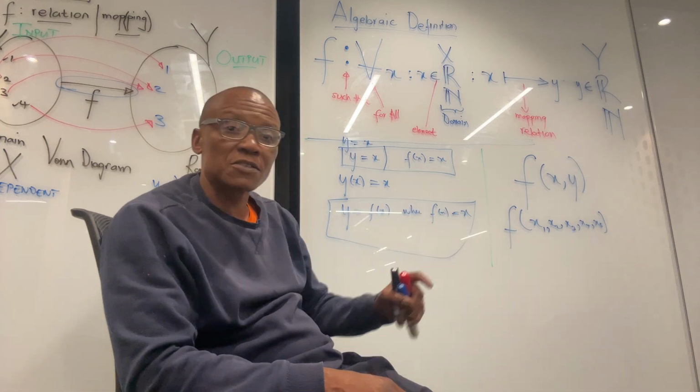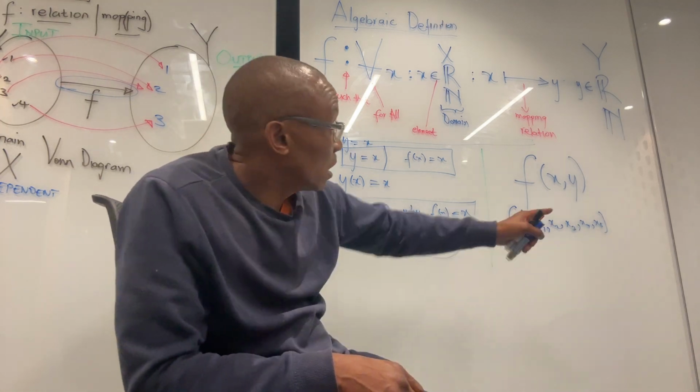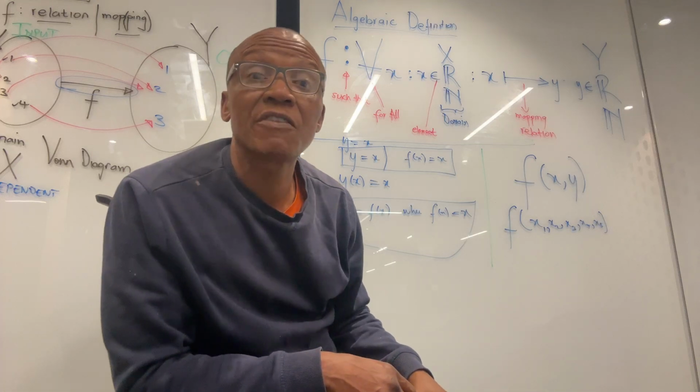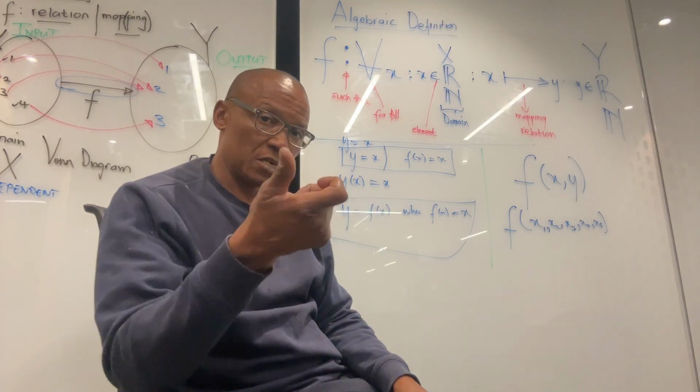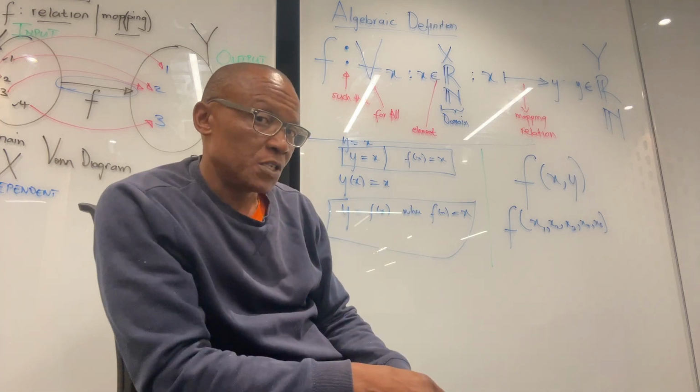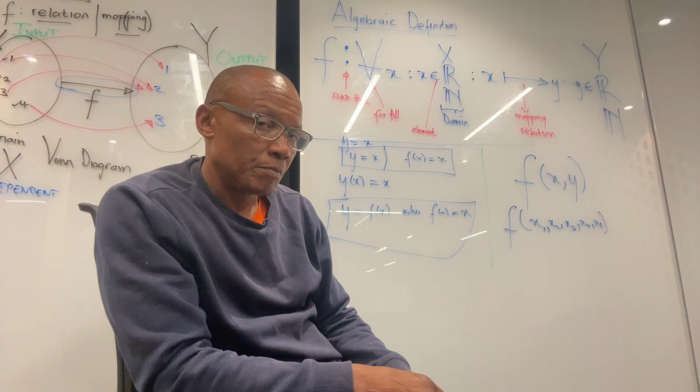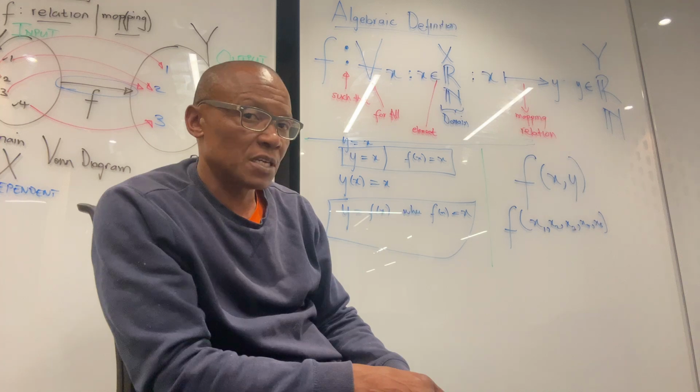Butter will be x3, maybe. Water will be x4, and x5 will be heat. How much temperature? You see? It's a total representation of reality.